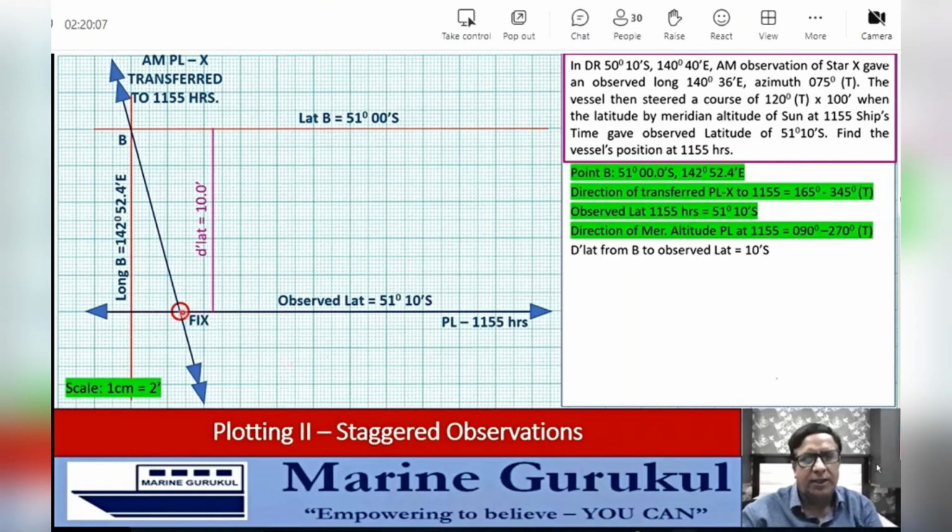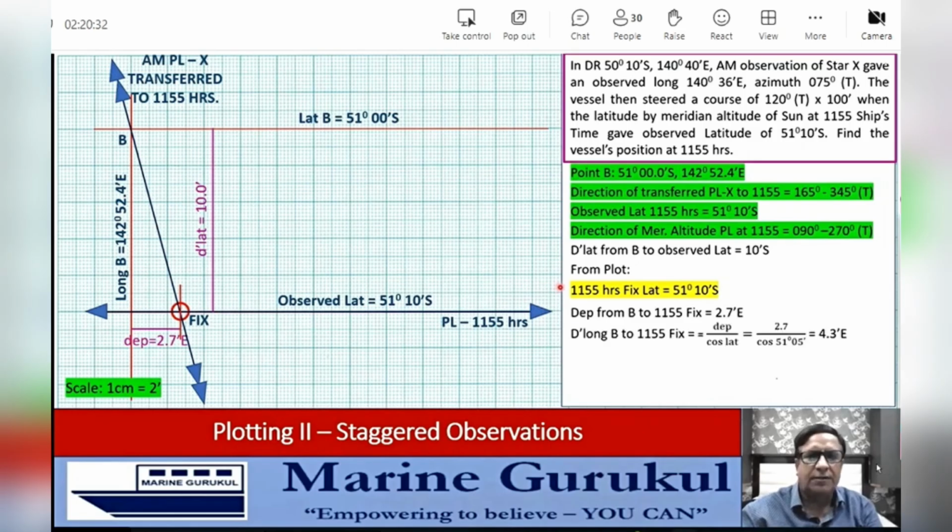Latitude is directly available on the plot. It's same as the observed lat. But we can also read off this departure from observed long to the fix. It's 2.7 minutes east. It can be much better read now with a better scale. And now we perform the same calculations as you would have performed in simultaneous observations. The calculations are coming up on the screen. You can see for yourself.